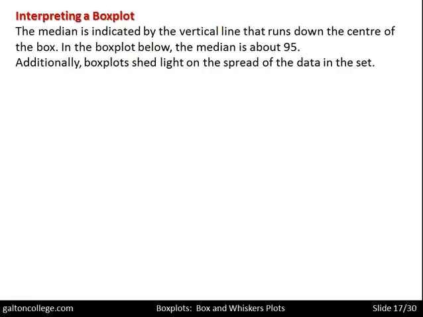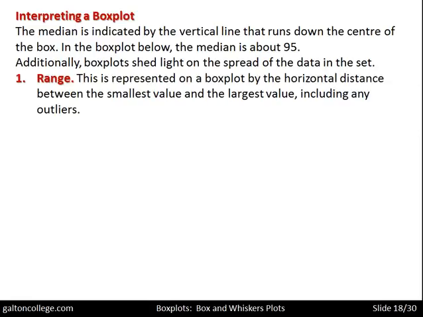Additionally, box plots shed light on the spread of the data in the set. So we can use box plots for looking at how the data is spread out within the set. We look at the range of the data. This is between the largest and the smallest observations in a data set.